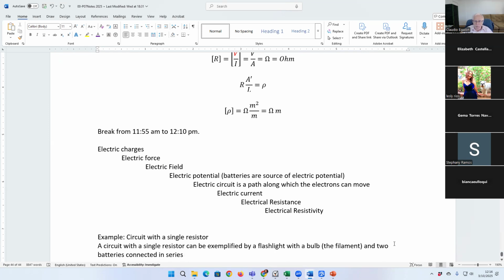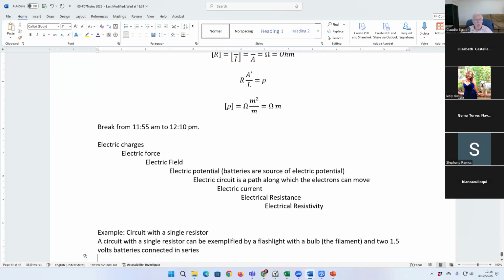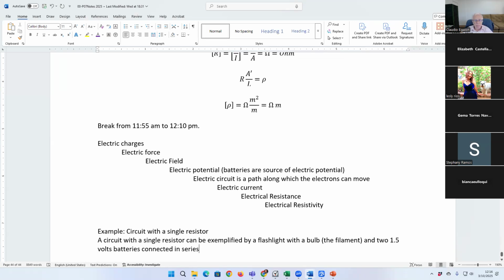Two 1.5 volt batteries connected in series. If the current is 0.4 amps and the voltage is 3 volts, what is the resistance of the flashlight bulb?